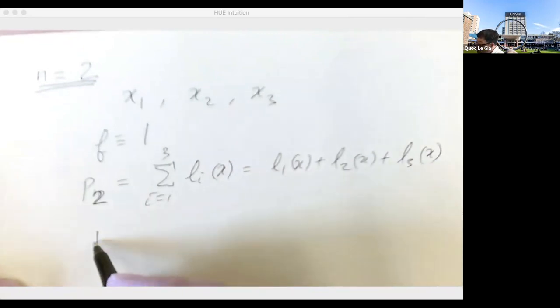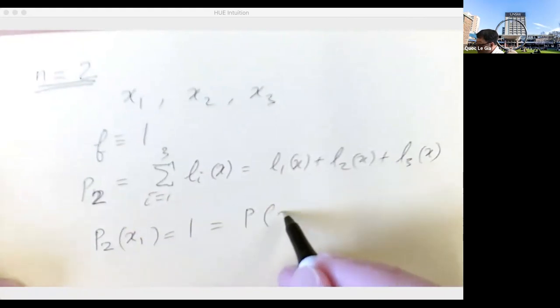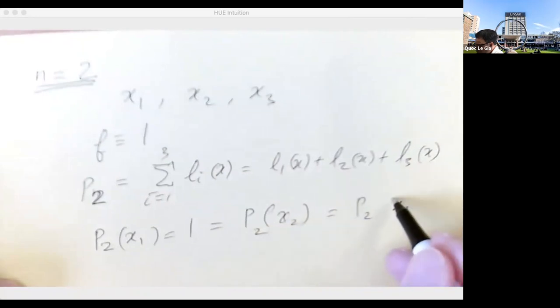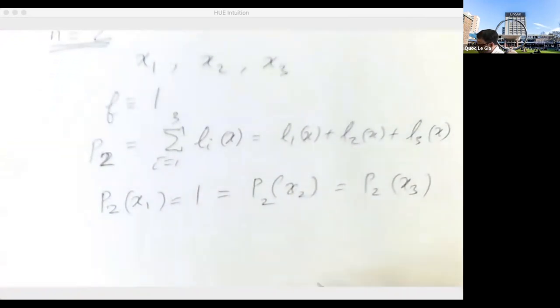Then I know that P2 at x1 has to be equal to 1, equal to P2 at x2, equal to P2 at x3. So now I have 3 points, x1, x2, x3, and it has to go through these 3 points, so everything is 1.